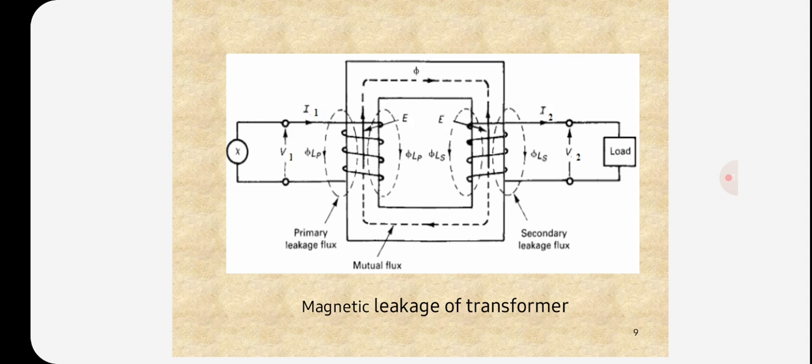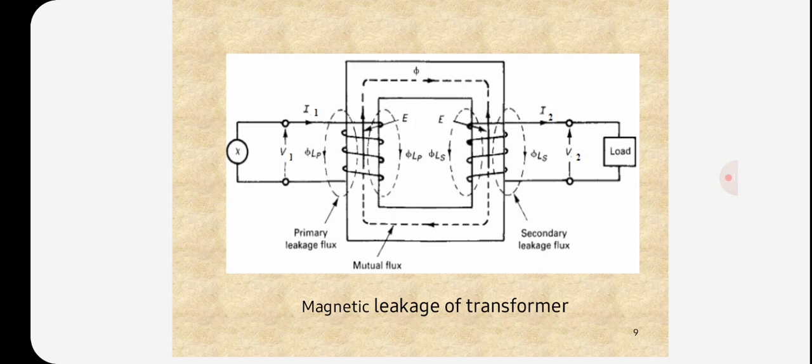The effect of leakage reactance in primary and secondary windings: the leakage flux linking with each winding produces a self-induced EMF in that winding. Hence, the effect of leakage flux is equivalent to a small inductive coil in series with each winding.